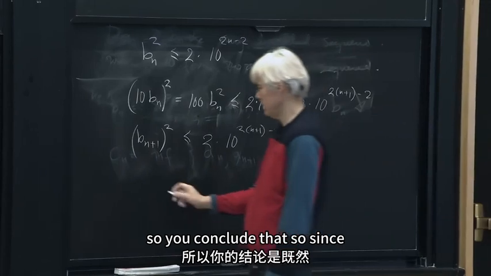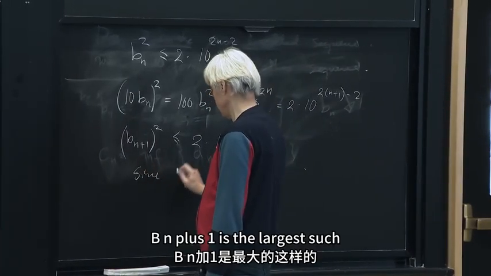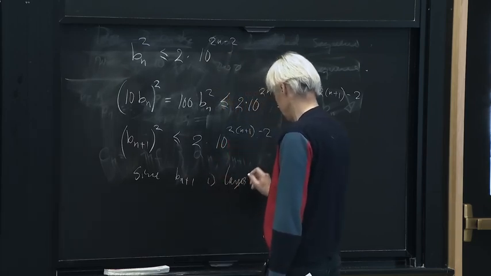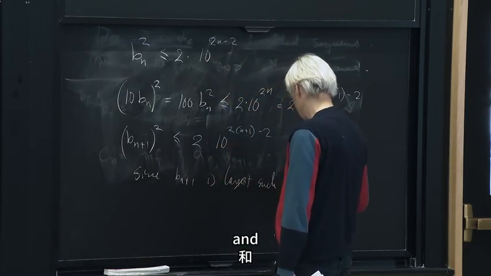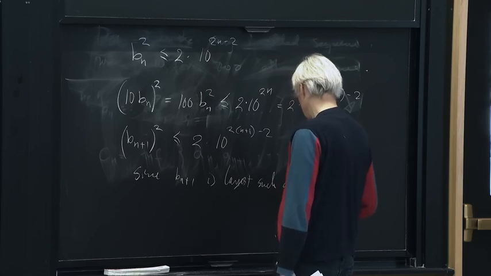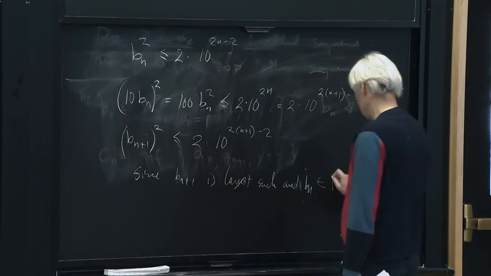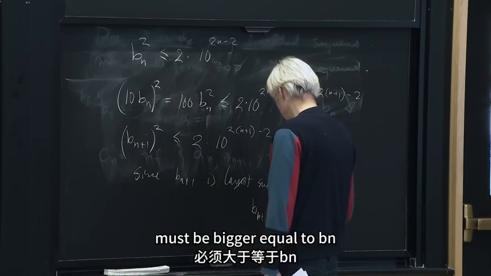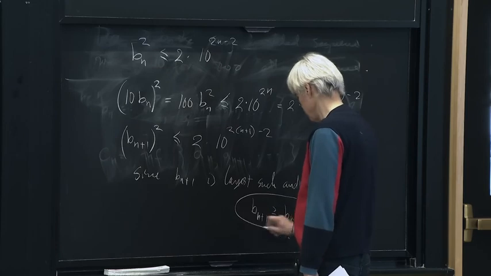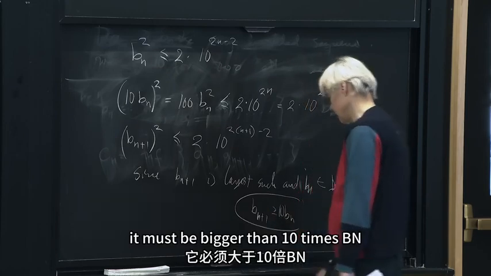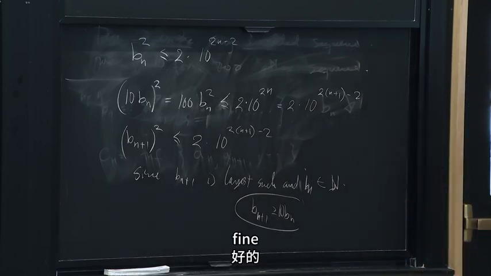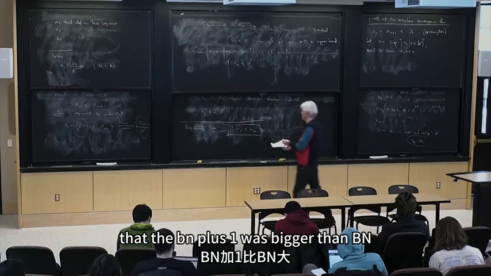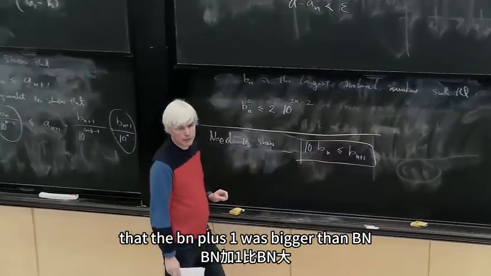So you conclude that, since Bn plus 1 is the largest such, and both are integers, then Bn plus 1 must be bigger or equal to 10 times Bn. And that's exactly what we want to prove, that Bn plus 1 was bigger than Bn.